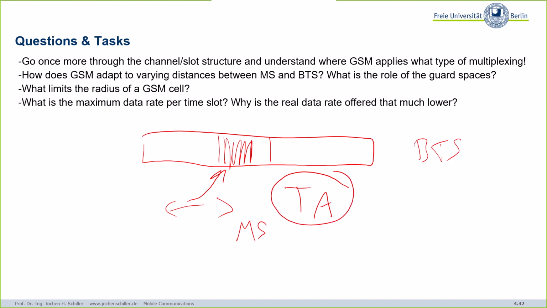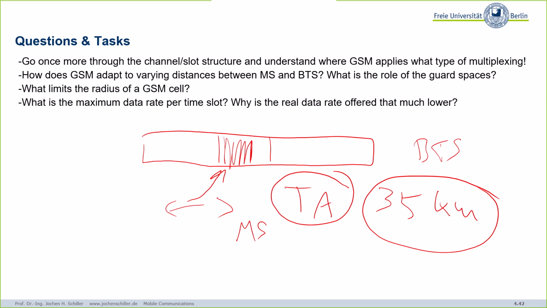The time advance field has only 6 bits, and then you can count to a maximum number in the time advance field, and that reflects roughly your 35 kilometers. So it's not the signal strength, well, also the signal strength, it should still be strong enough, but also the time advance field, that is the limitation.